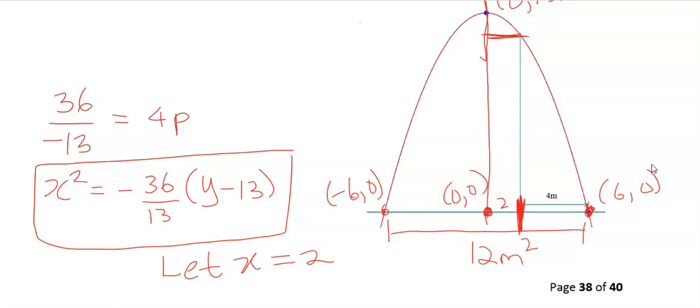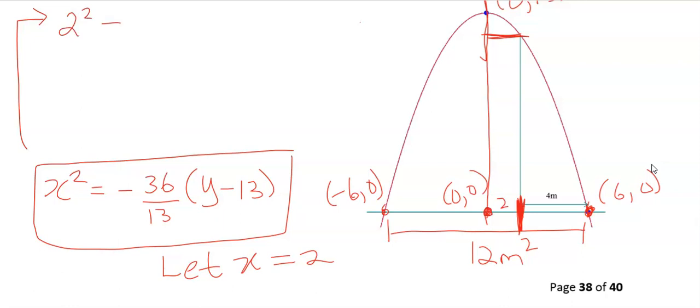So if I took that equation and put in x equals 2, watch what's going to happen. Let me erase that other little bit right there. I need to free up some space. So back up here, you're going to have 2 squared is equal to negative 36 over 13 times y minus 13. All right. 2 squared is 4.